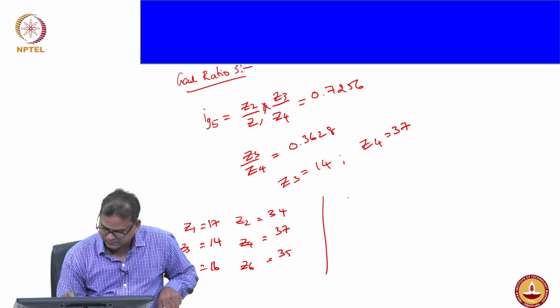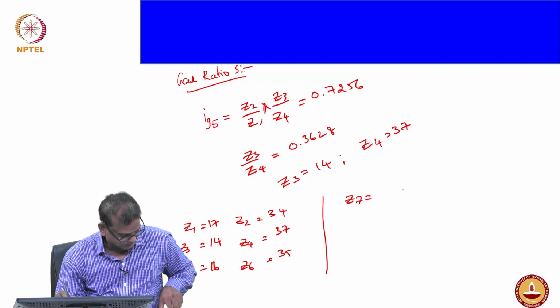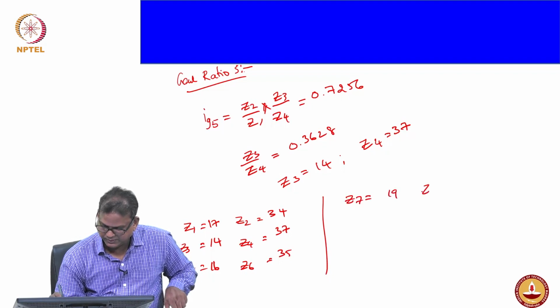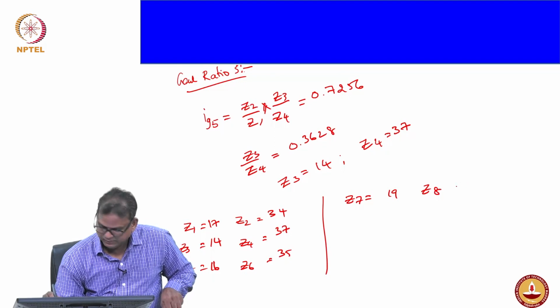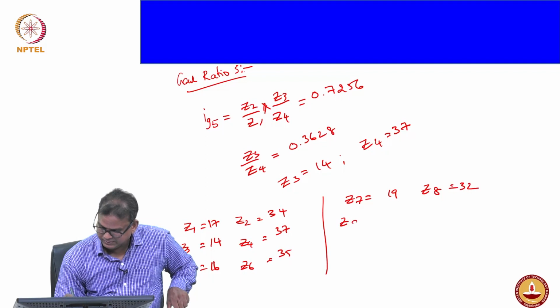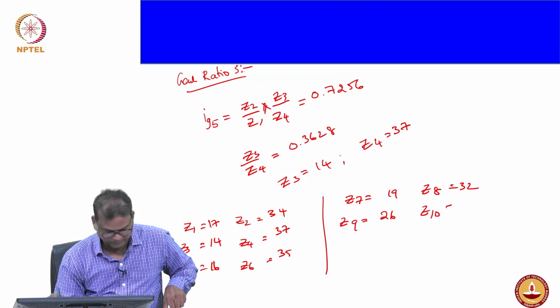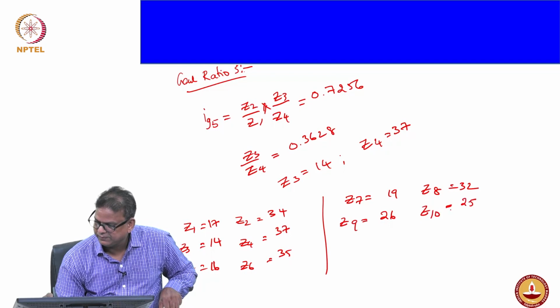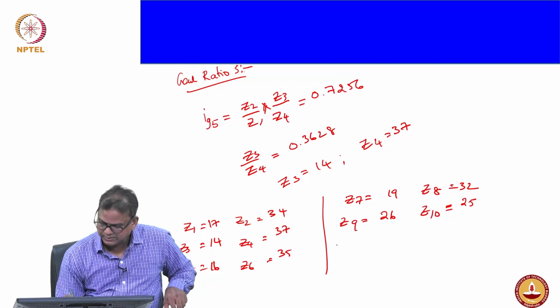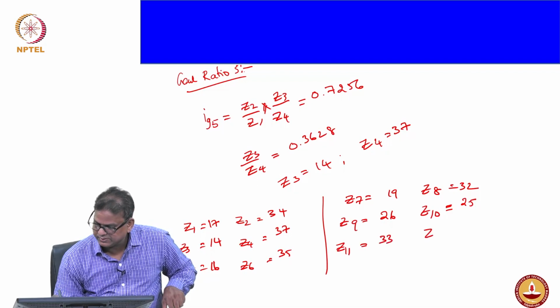Now Z7 is 19, corresponding Z8 is 32, Z9 equal to 26, Z10 equal to 25, and Z11 is 33 and Z12 equal to 18.